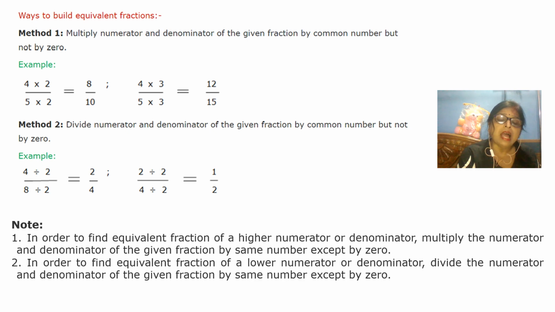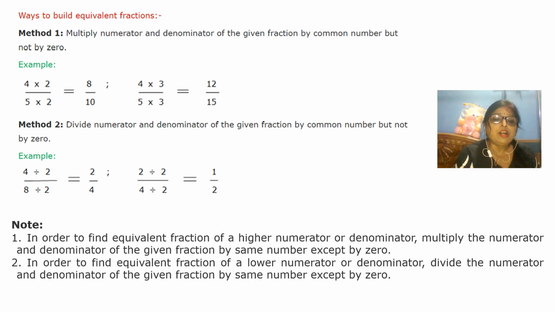So once again, I am going to give you the revision. In order to find an equivalent fraction of higher numerator or denominator, multiply the numerator and the denominator of the given fraction by the same number, then you will get the higher order equivalent fraction, but you will not multiply it by 0.